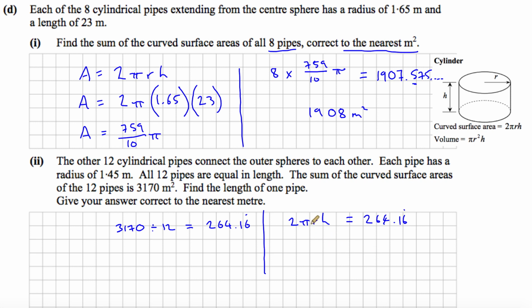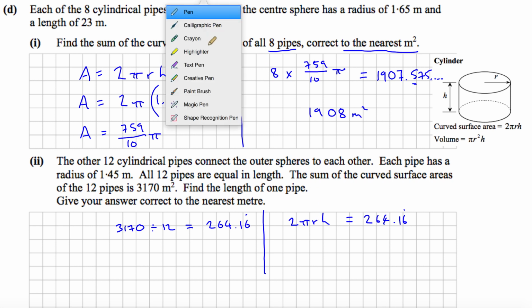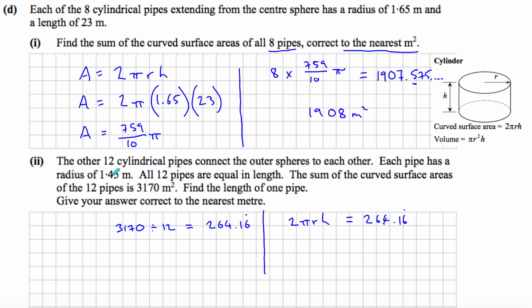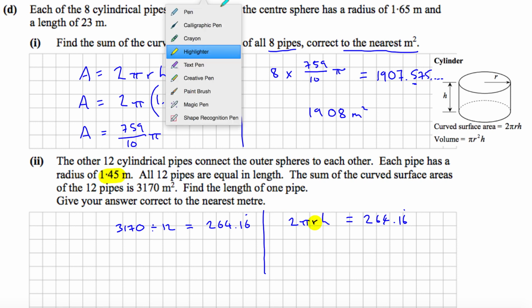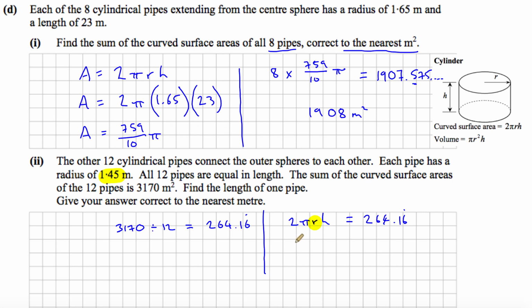And I know that the radius is 1.45 and I'm looking for the height. So I plug in 1.45 for the radius. That gives me 2 pi times 1.45 times h, which is equal to 264.16 recurring.